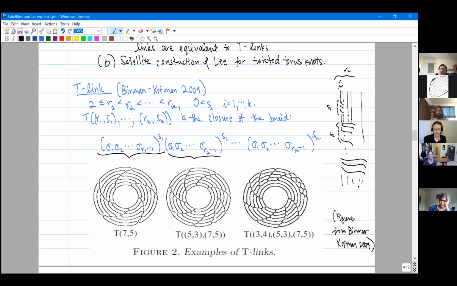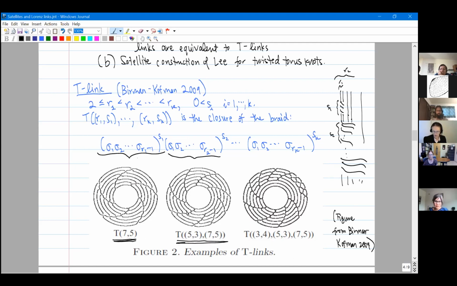If you've seen twisted torus knots, you usually take a torus knot and then take a smaller number of strands and twist those up a bit. Indeed, we've got some examples of T-links here. If you've only got one pair of integers, then you get a torus knot. This is shown on the left. In the middle, you could think of this as a generalization of a twisted torus knot.